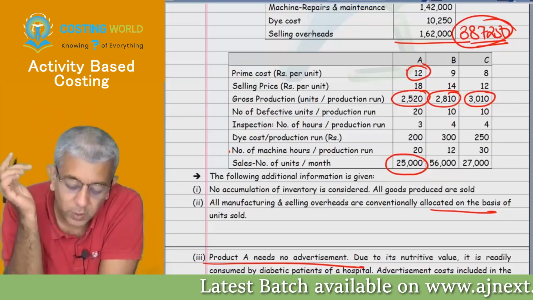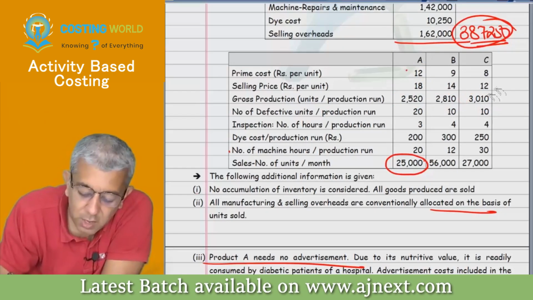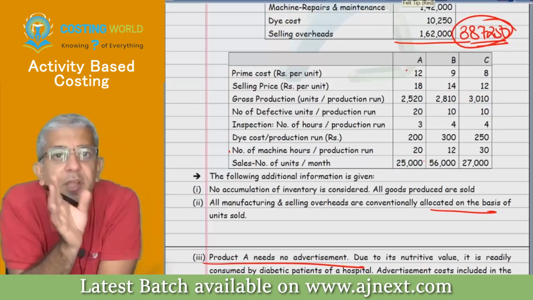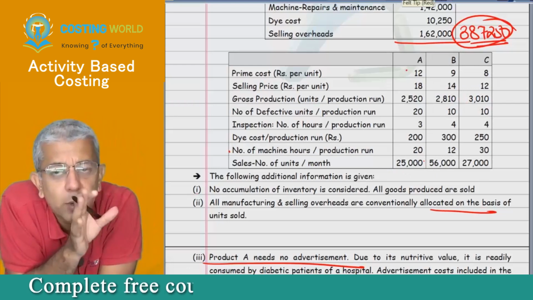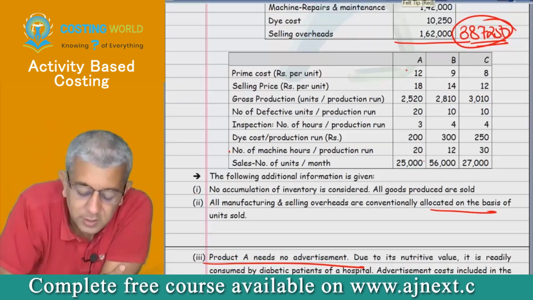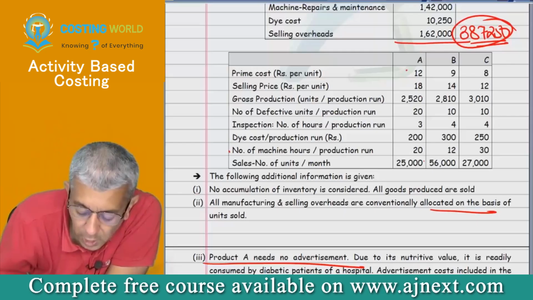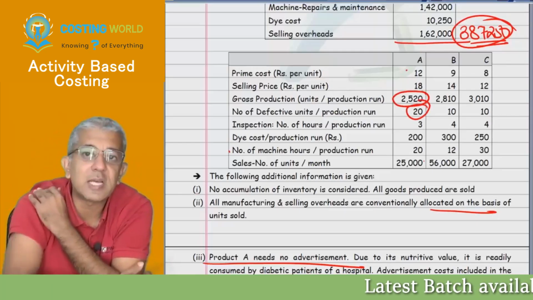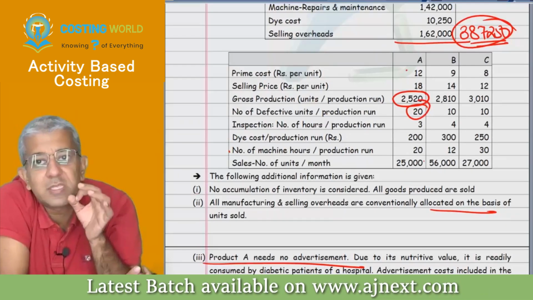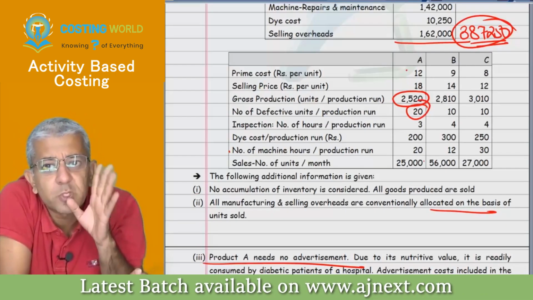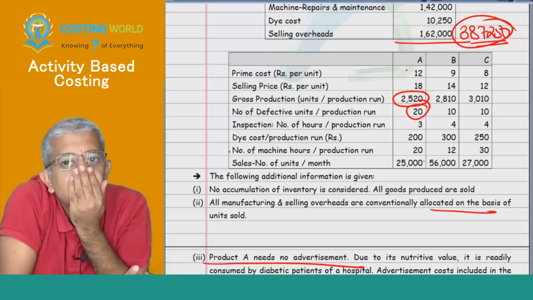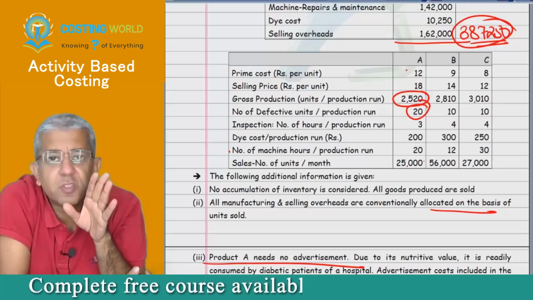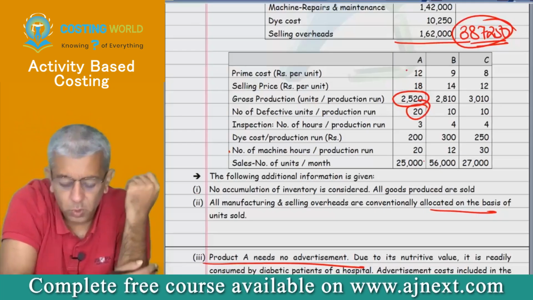Okay, for that what I plan to do, listen. First thing is I'll try to find out the number of production runs. How do I arrive at the number of production runs? Listen. Out of 2520, 20 units in this particular case are defective units. So therefore, can we say 2500 units will be sold? 2500 are good units which can be sold.